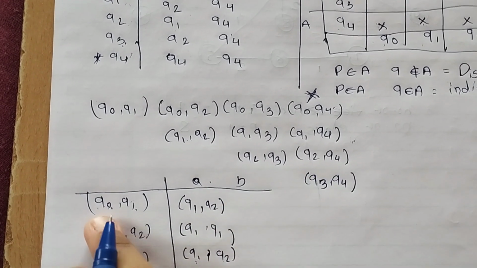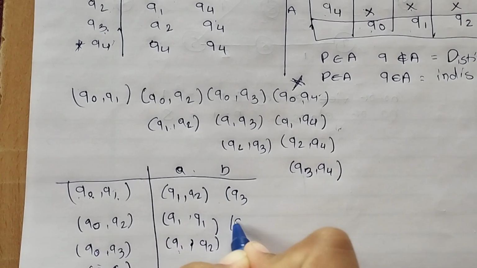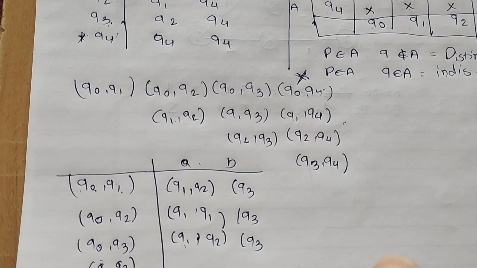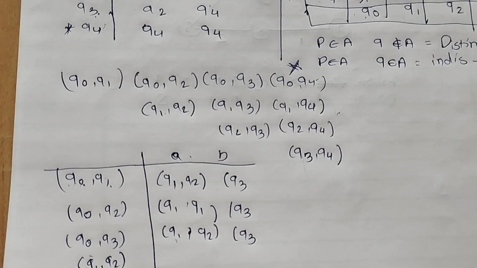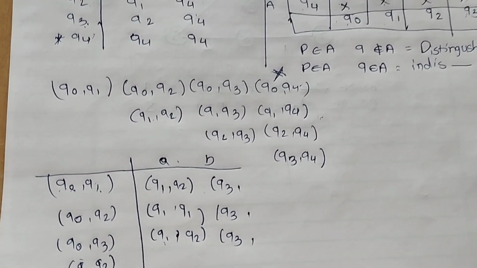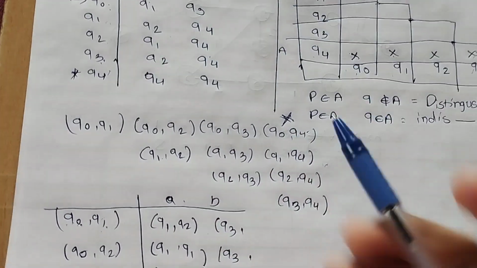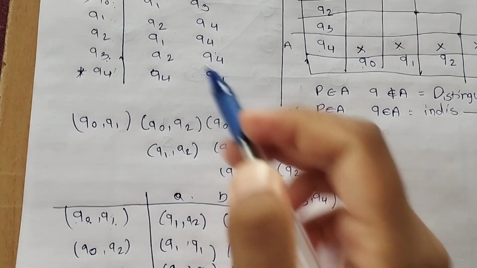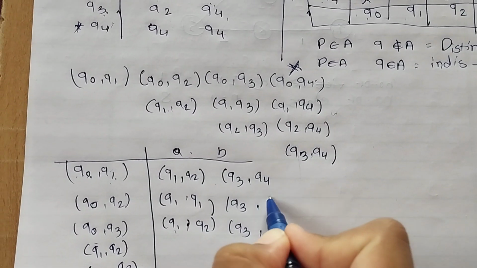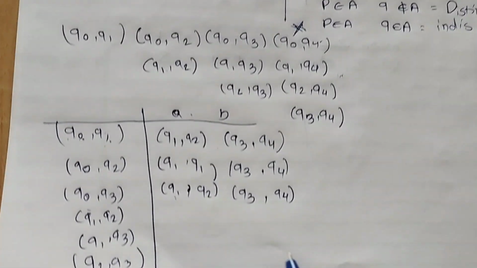Same for B. Q0 reads B in Q3, so Q3, Q3, Q3, because in limited time we solve a number of questions, so we do all the process fast. Now Q1 reads B in Q4. Q2 also reads B in Q4. So we write the pair Q4 and Q4.